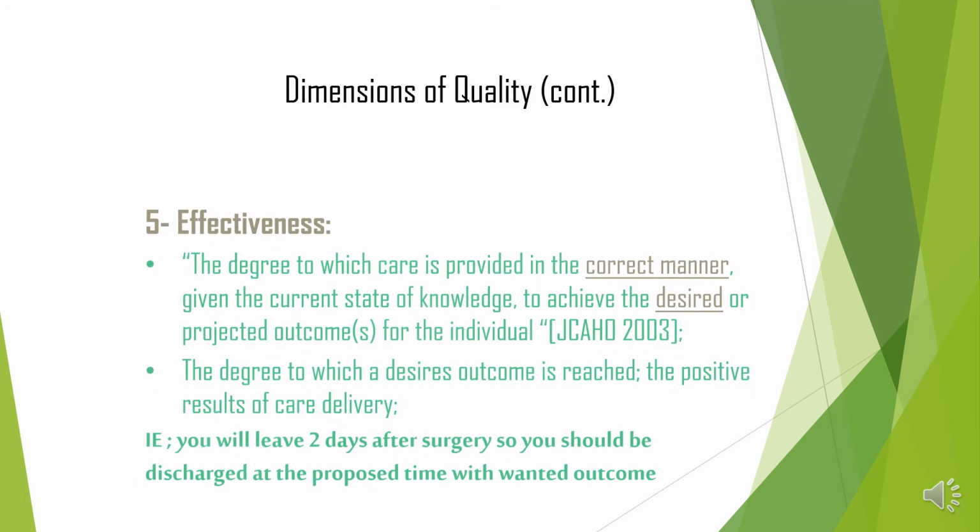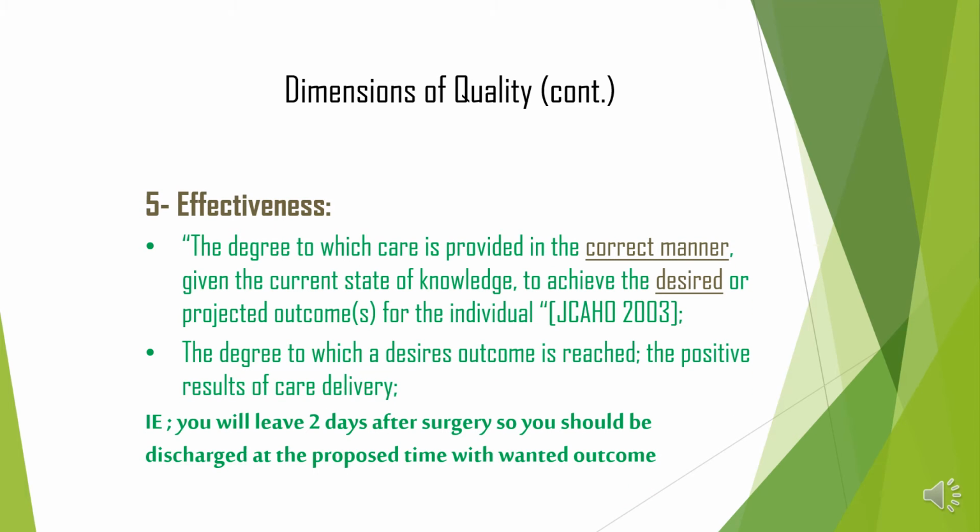The fifth aspect or dimension is effectiveness. Effectiveness is the degree to which care is provided in the correct manner: correct services, correct type, correct way of producing the services for the customer.